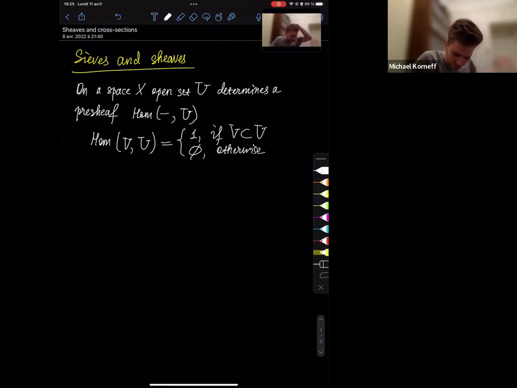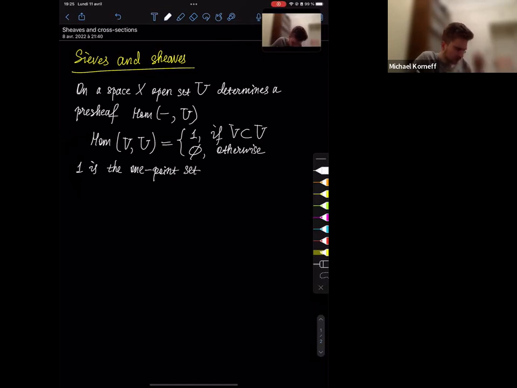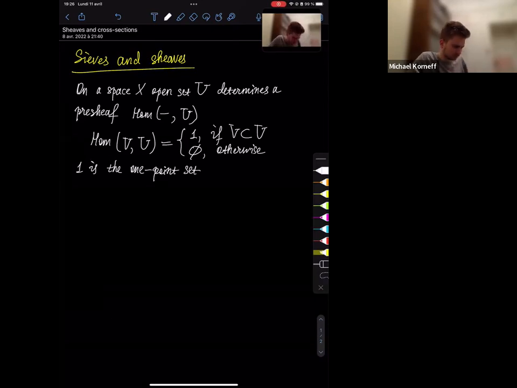And 1 is a one point set. This presheaf is called a representable presheaf.